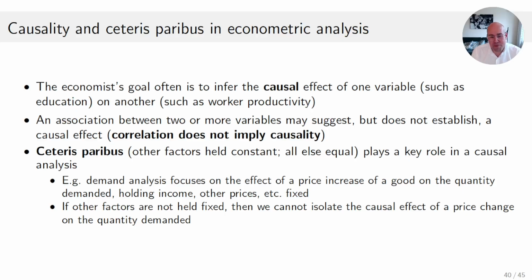You've heard that before: correlation does not imply causality, or correlation is not the same as causality. What ceteris paribus means in this context is that other factors are held constant, all else equal. So this plays a key role in a causal analysis. A correlation becomes a causal relationship when one is able to establish something like ceteris paribus.